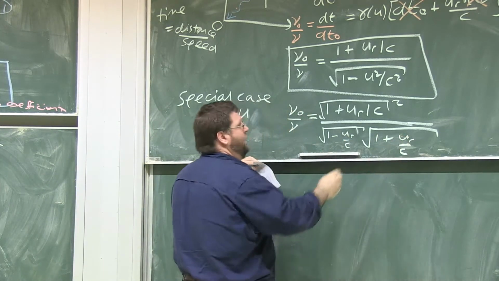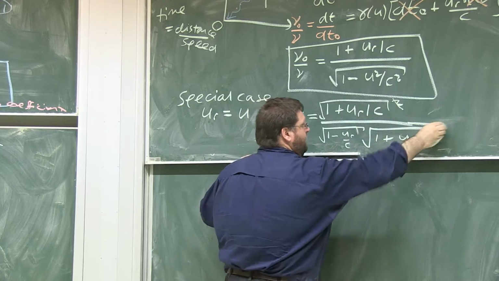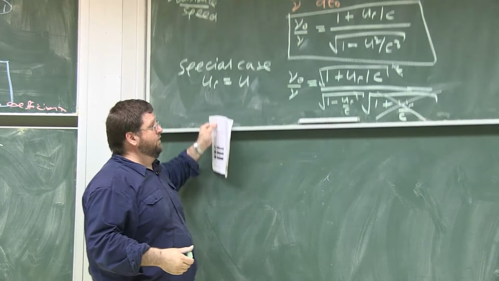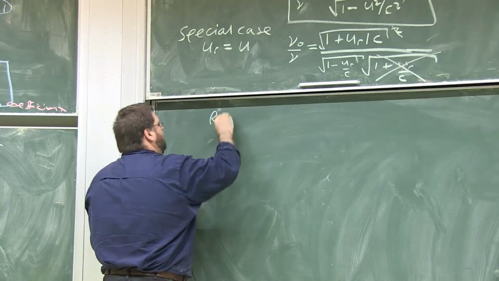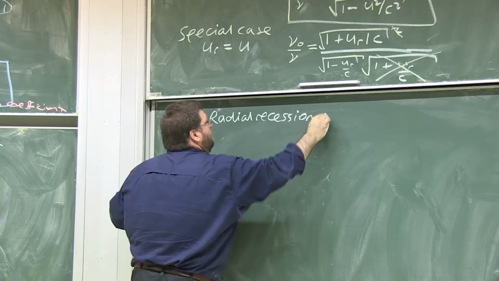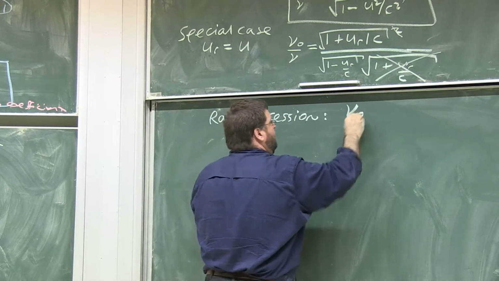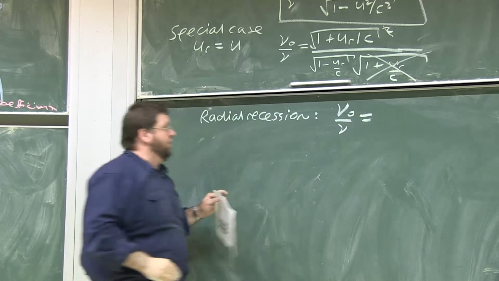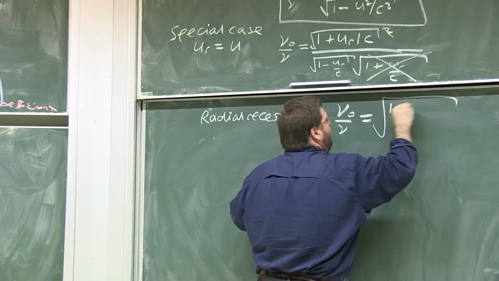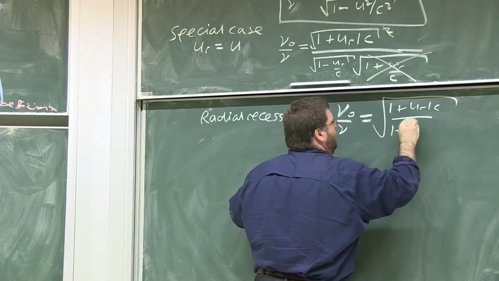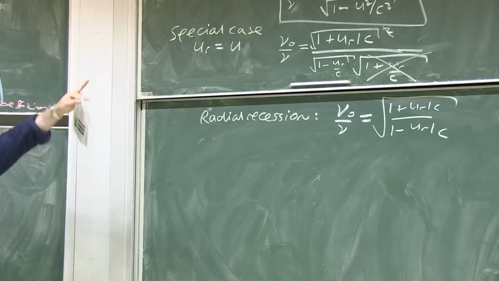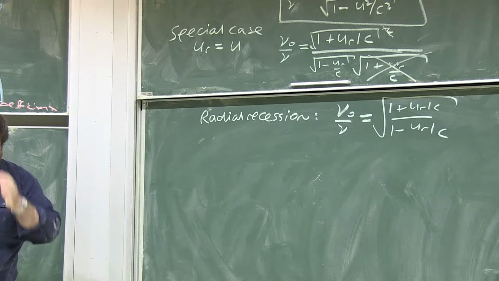So the u becomes a u_r, and one of these square roots cancels this thing. So what we get is our result for radial motion, in fact radial recession, that this ratio of frequencies is certainly not 1, but rather is the square root of 1 plus u_r on c over 1 minus u_r on c. I won't put a box around this because this equation is less general than the boxed one.